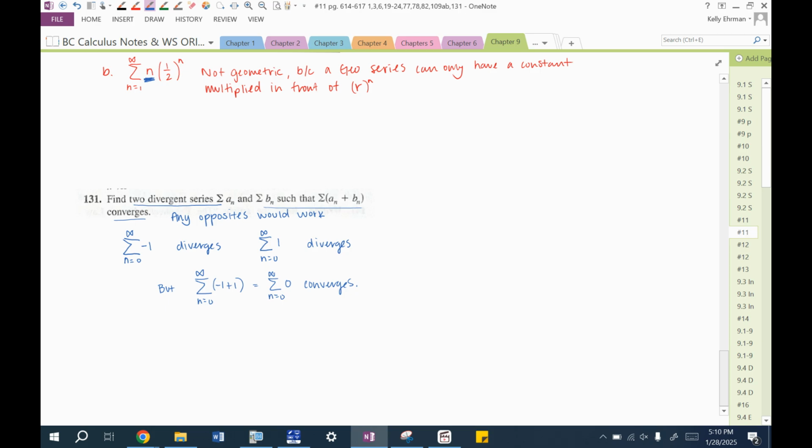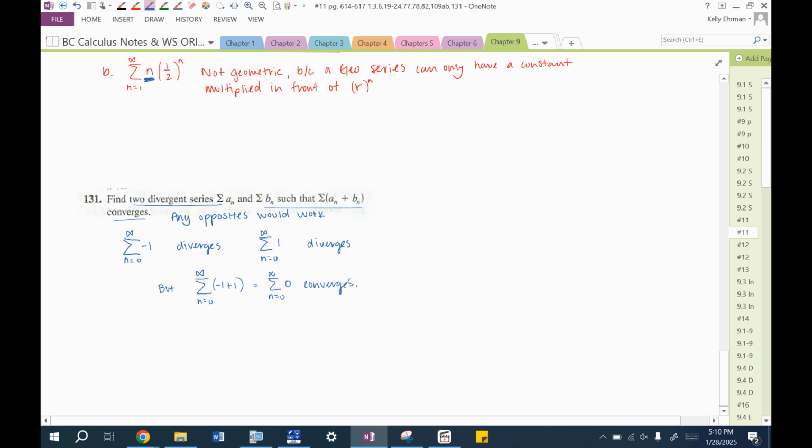Like if I just tell you to add up -1 infinitely many times, that's a divergent series. And same with adding +1 infinitely many times, that's a divergent series. But when you add these two terms together, you're really getting a sum of 0. So add 0 up a bunch of times, that converges. That's a convergent sequence that comes out to 0.